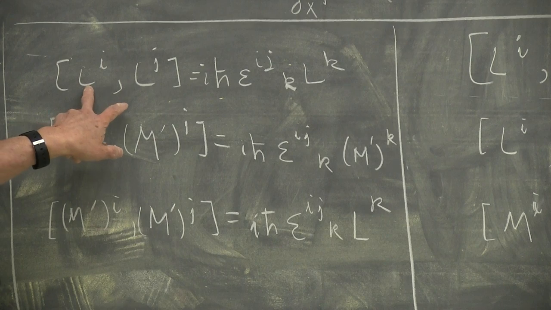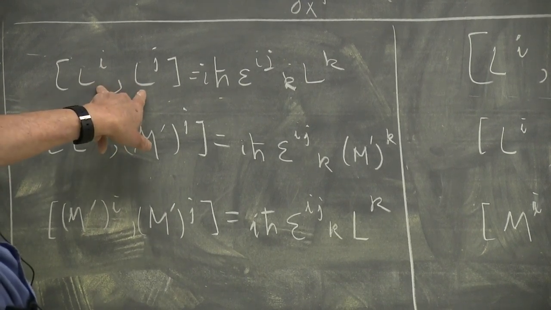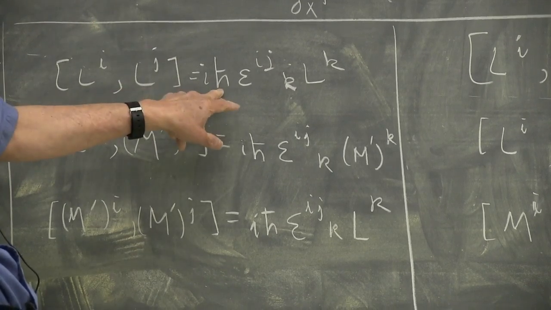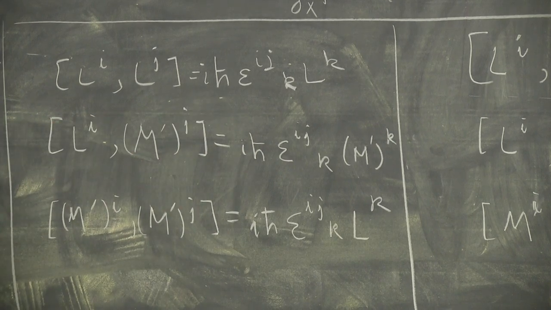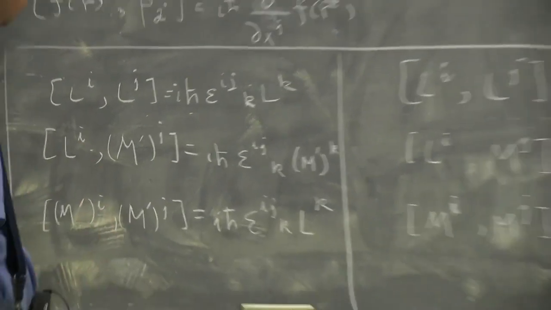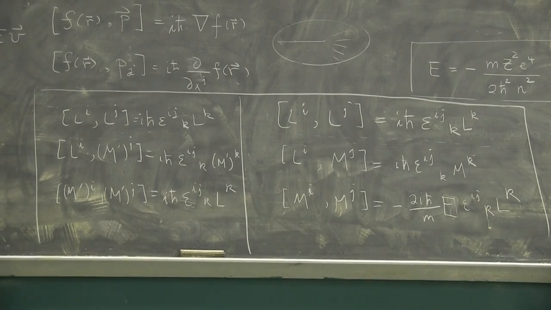L has the dimensions of what? H bar, right? But a commutator gets you the square of H bar. And so it's right: there are two H bars in here. This one is also right, obviously, because M prime is whatever dimension it has, and then L is just one H bar in here, that's all.